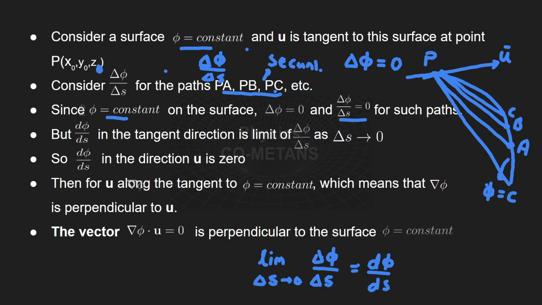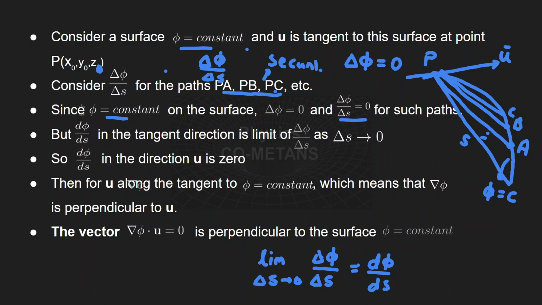Now just see, this is the s for this line, whatever it is. For PA, this is the s. If I say delta s tends to 0, what does that mean? I'm going towards this point. So in the limit delta s tends to 0, I'm making this secant very short.